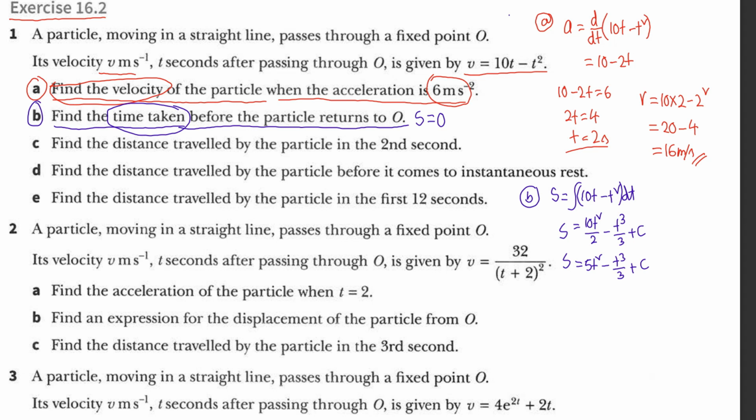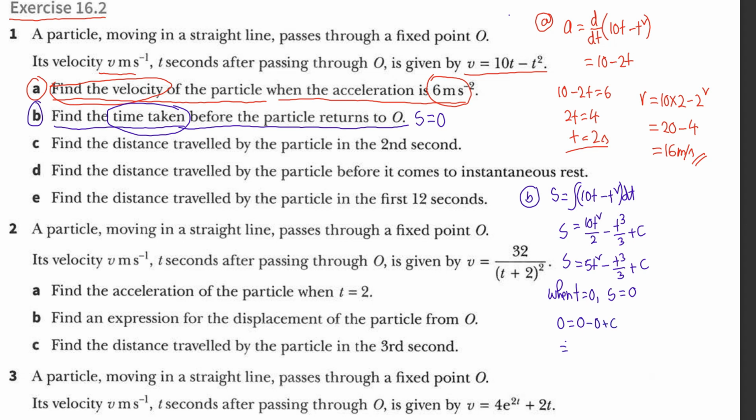It is given that the particle started from the fixed point O. At that time, t equals 0, so we can say that when t equals 0, the displacement is 0 as well. By putting this value in the equation, we can write 0 equals 0 minus 0 plus c.